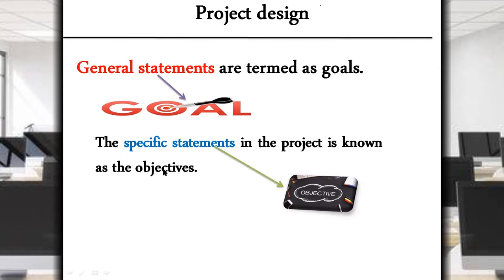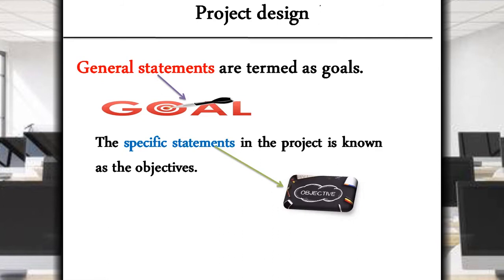Let me give a small example to understand this goal and objective. Suppose you want to reach a place called Annanagar and you start from Porur. Your goal is to reach Annanagar.